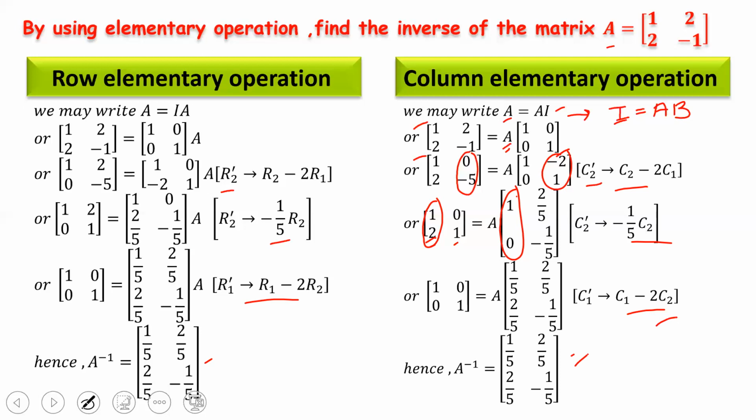Choose any of them and follow it. Don't mix them, choosing row somewhere and column somewhere. If it is not mentioned whether to follow row or column operation, just choose any of them and solve the question. And if it is mentioned, then you use that.